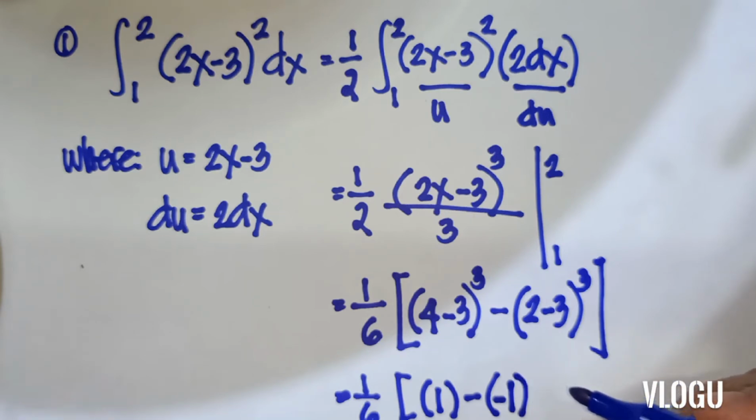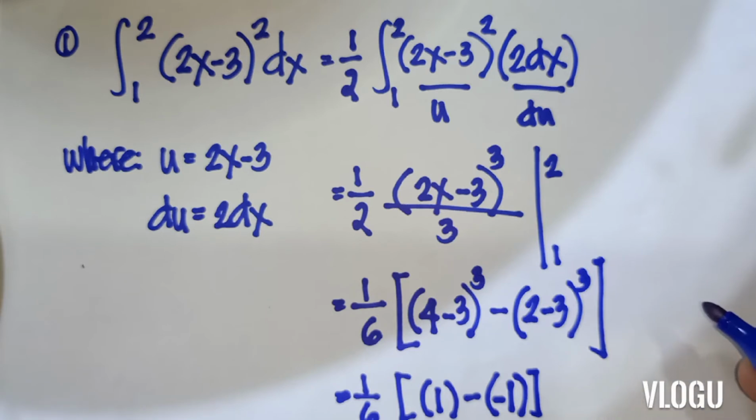Negative 1 times negative 1 is positive, times negative 1 is still negative 1. So negative 1 subtracted becomes positive: 1 plus 1 is 2, divided by 6, so you will have 2 over 6, or 1/3.